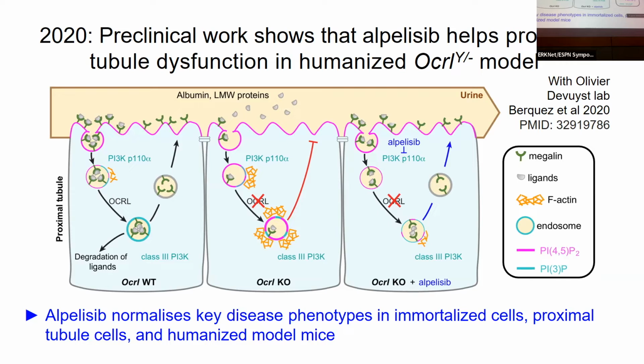When you have a lack of OCRL, then there's a sustained increase in actin polymerization. These actin aggregates surround these endosomal compartments. You're no longer able to recycle the megalin receptor back up to the membrane, and instead it becomes degraded. But with alpelisib treatment, although there's still the elevated levels of PIP2, we can rebalance that actin regulation and resume this trafficking pathway.